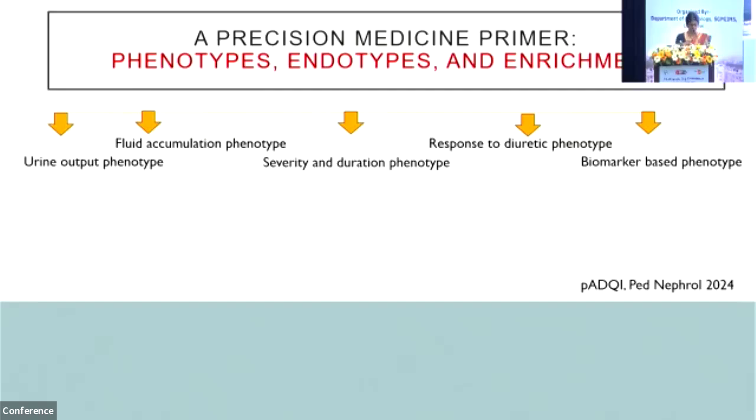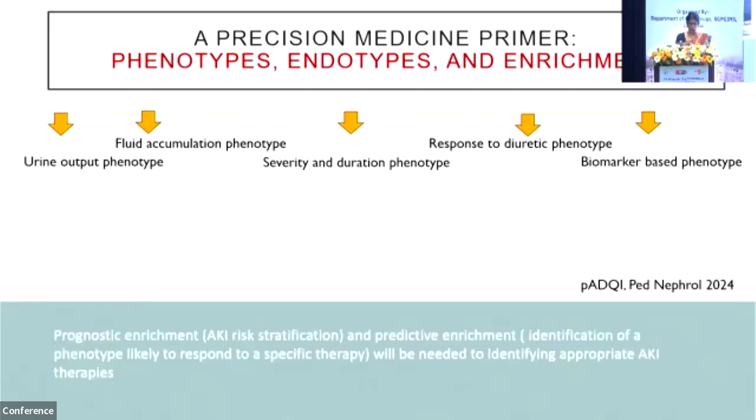This enrichment is crucial in a heterogeneous disorder like AKI. Enrichment can be prognostic enrichment through AKI risk stratification, or predictive enrichment, which is identifying a particular phenotype that is likely to respond to a specific therapy. So enrichment is going to aid in identifying appropriate AKI therapies in the future.